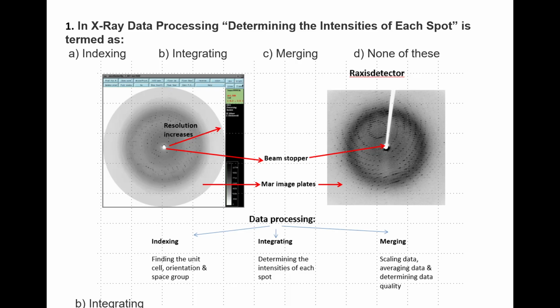You need to integrate and determine the intensities of each spot. How can you do that? By integrating all the planes, the intensity present in all the electron diffraction planes. So the answer to this question is integrating. It was written in my slide. So the answer is option B, integrating.